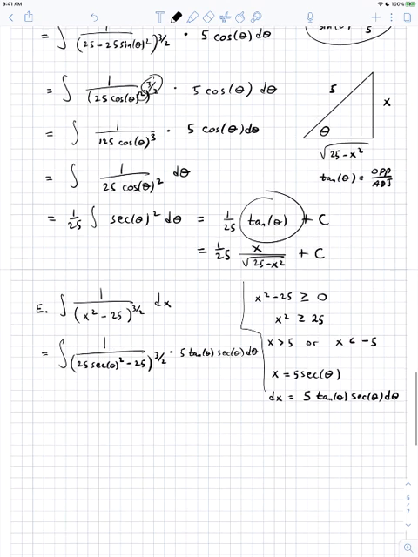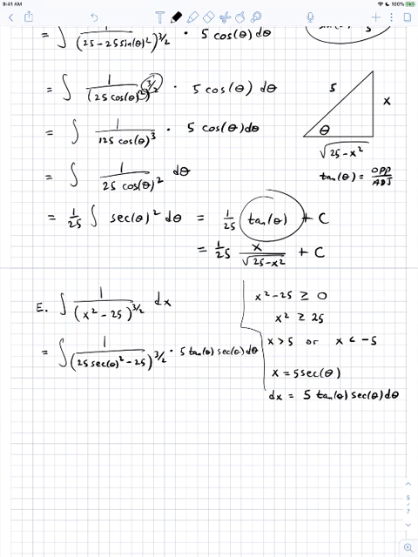Now here we have to use our modified version of the Pythagorean theorem. So remember, the Pythagorean theorem says that cosine squared plus sine squared is equal to 1. So if you divide everything by cosine squared, you end up with 1 plus tangent squared equals secant squared.